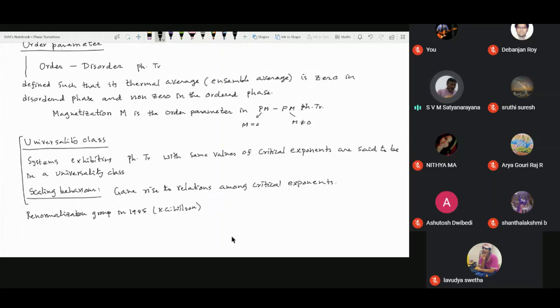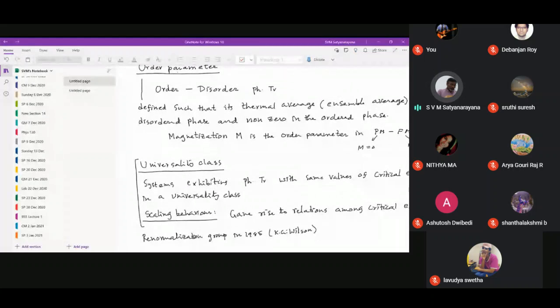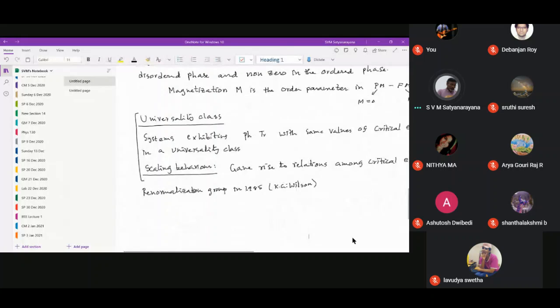So this is one line along which one can explain this, but we are not really going to do that because that is a very big project in itself. If ever you happen to take an advanced course in statistical mechanics in your PhD later, you will definitely study this.